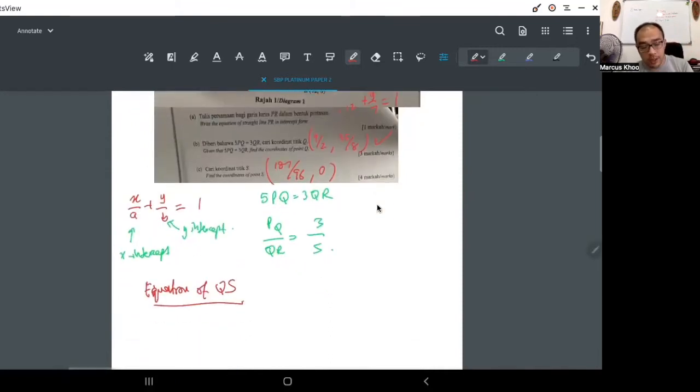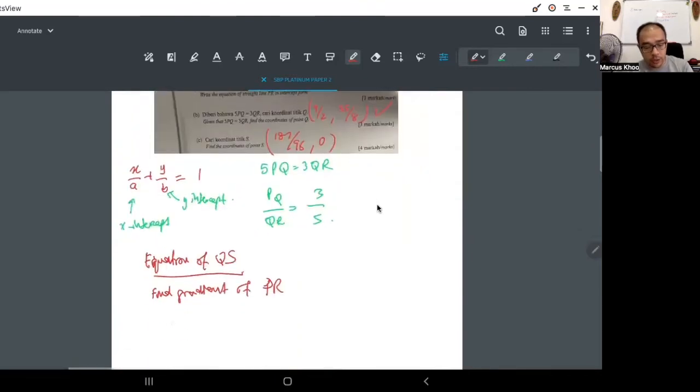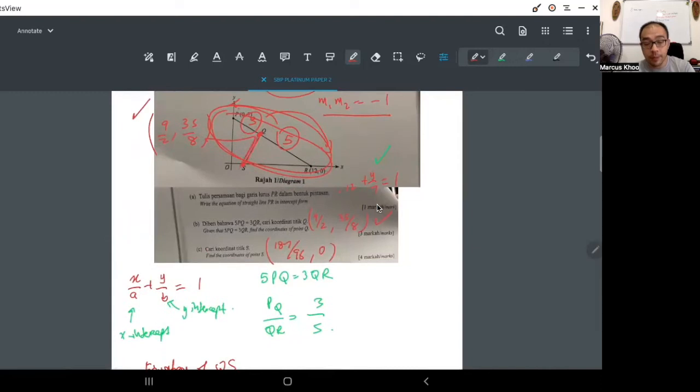So that means you find the gradient of PR first. After that, you use m1 m2 equals -1 to find the gradient of QS, because it's perpendicular.